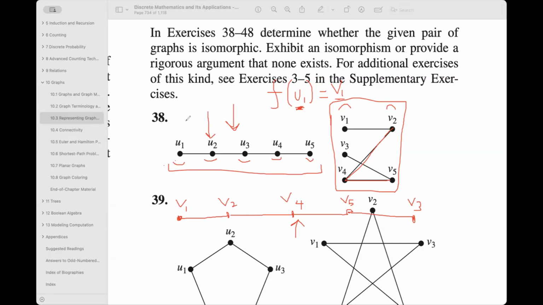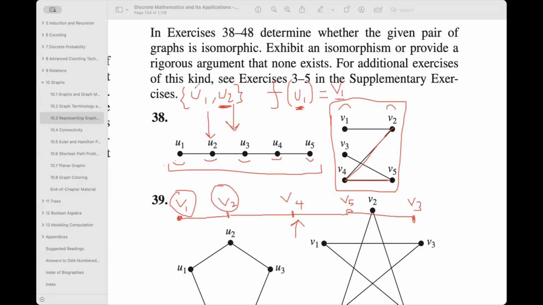Since we have an edge that connects U1 to U2, and since U1 is giving me V1, in order to prove that this is isomorphic, the endpoints of these edges, when I put them into the function, should give me the same vertex here.